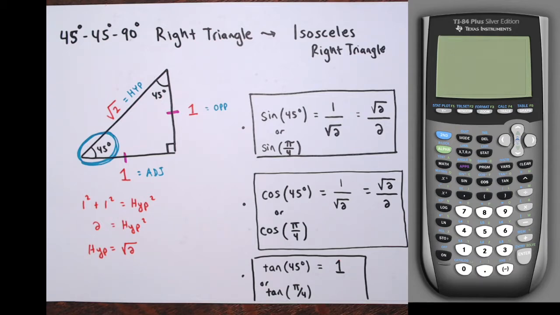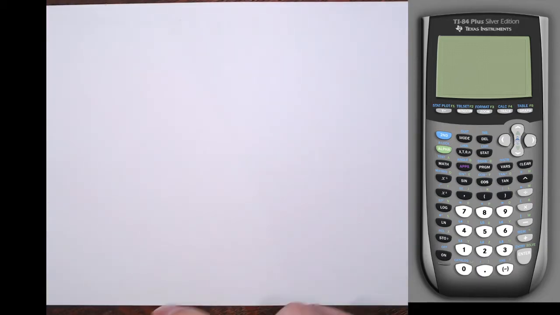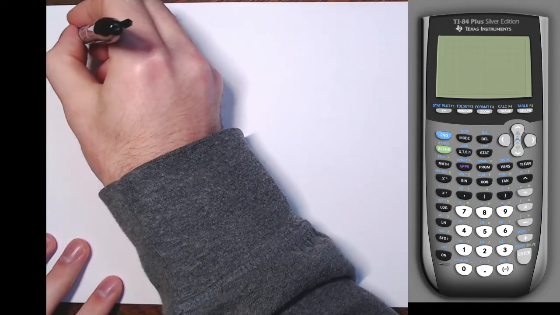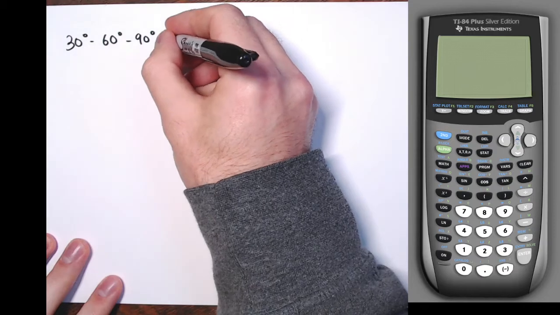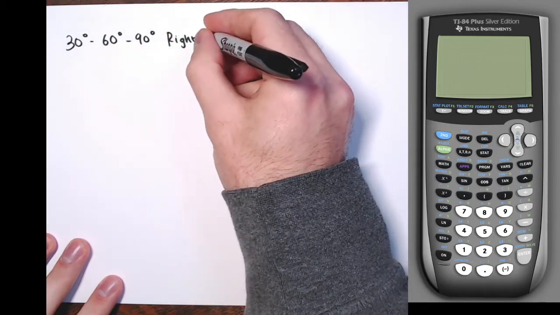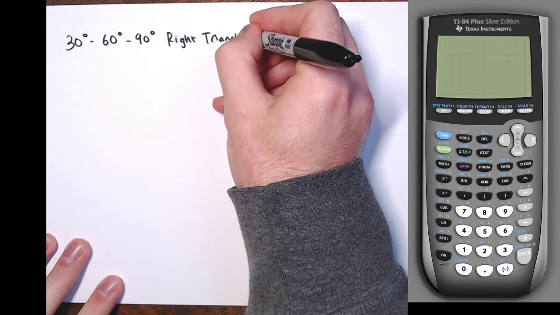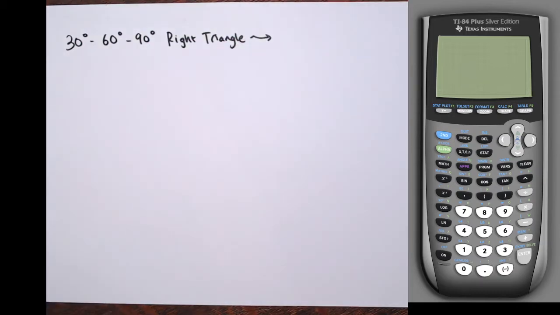Okay? All right, so the other special triangle is a 30, 60, 90. Right? And in that triangle, you have a 30-degree angle, a 60-degree angle, and a 90-degree angle. Right. So 30-degree, 60-degree, 90-degree right triangle. Now the way I'm going to think about forming this, the other one was pretty simple.